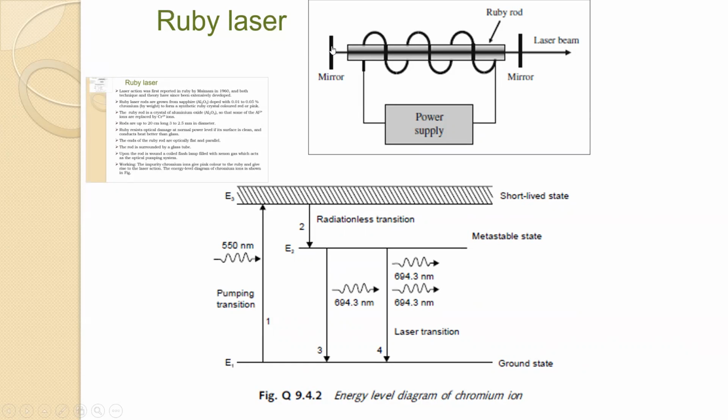So, in this figure, this is the ruby rod and the xenon flash lamp is mounted on the ruby rod, and here two mirrors are kept parallel to the rod. The left mirror is completely silvered and the right mirror is partially silvered.